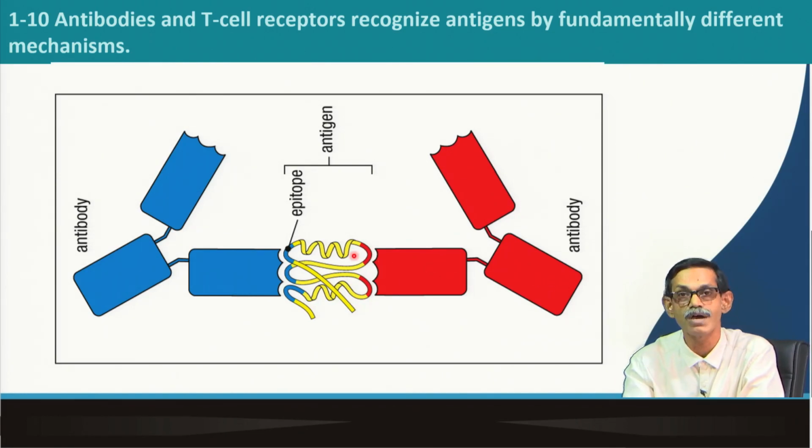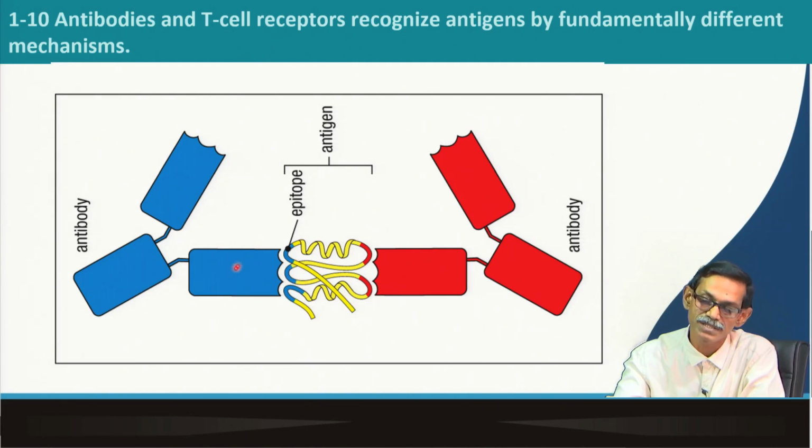These two are completely different. So, two antibodies are recognizing two different parts. If the whole molecule is the antigen, the part of the antigen which is recognized by the antibody is known as the epitope.